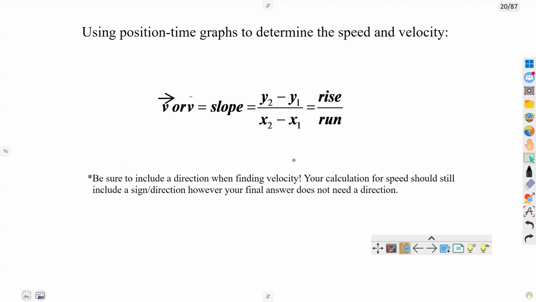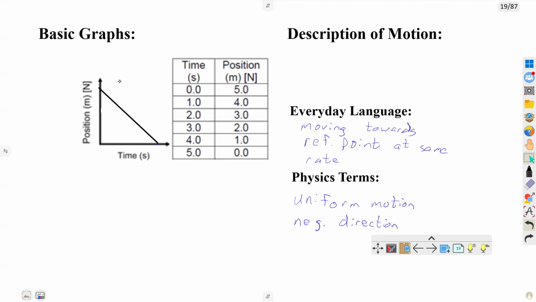Now, what can we do with a position time graph or a distance time graph? We can calculate velocity or speed, and we do that simply by finding the slope. Now, in our data booklet, we will see that velocity is calculated as the displacement over time. But as we look at our graph, we see that our displacement is on the y-axis, our time is on the x-axis.